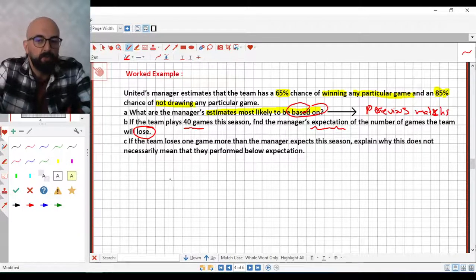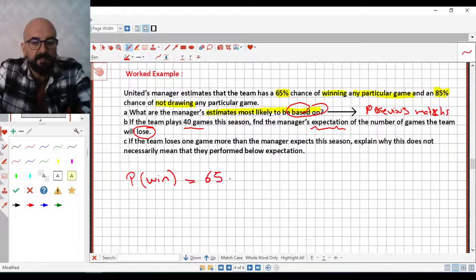The probability of win is 65%, and the probability of not drawing is the complement of draw, 85%.